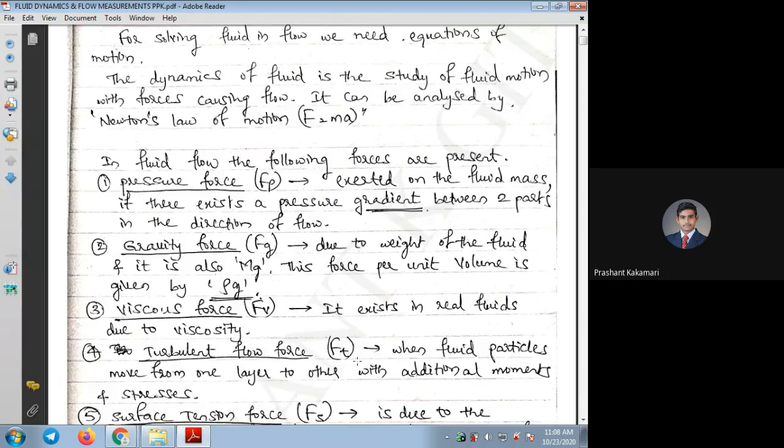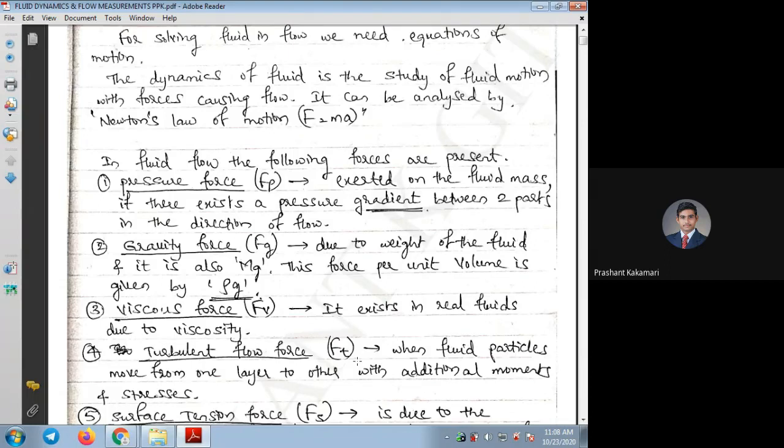Then in statics also we discussed the surface tension force. So surface tension force we discussed only for the surface of the liquid. For any liquid, if you consider the surface, there will always be a surface tension created, like a layer. To disturb that layer, we need to apply some force.